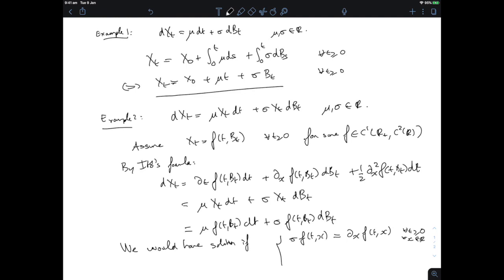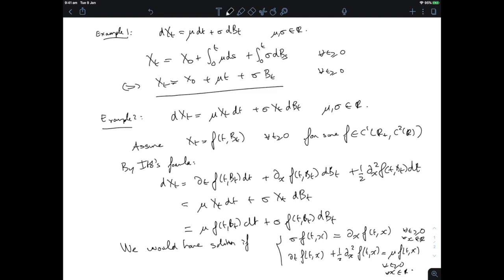And second of all, I would like d_t f(t, x) plus 1/2 d_x^2 f(t, x) to be equal to mu f(t, x), again for all t and for all x. If I can find such an f, then such an f will indeed satisfy the equation, right? It would satisfy this equality. So let's see if we can solve this system of PDEs.